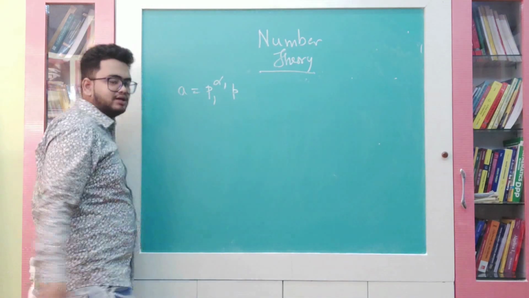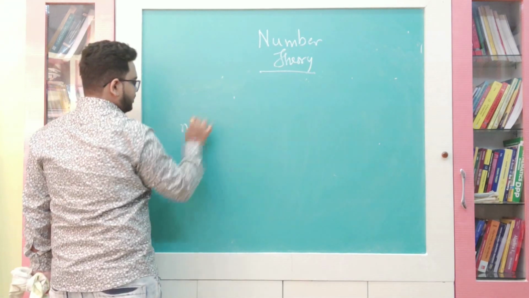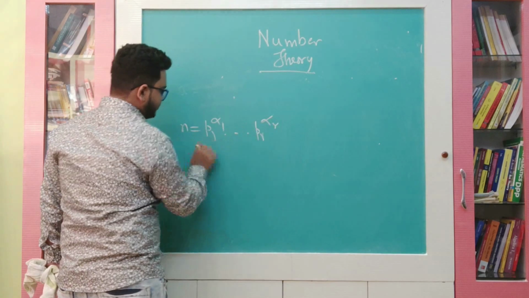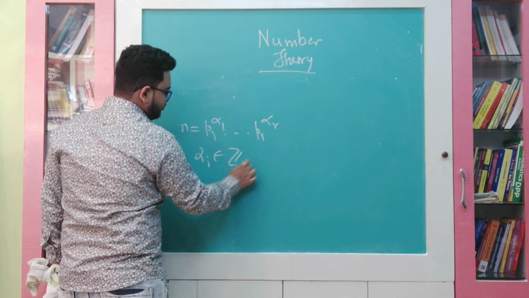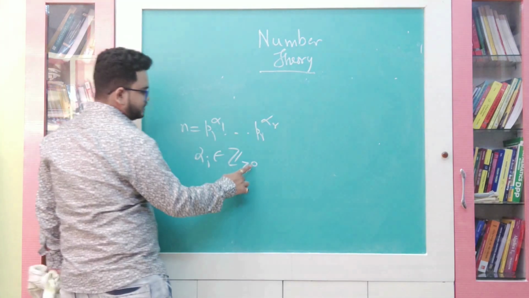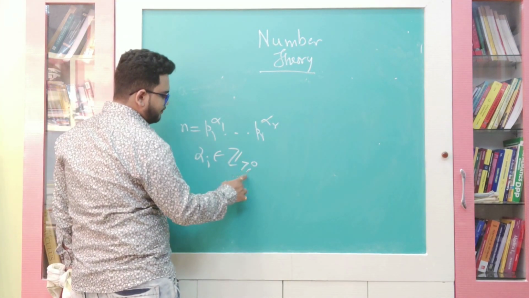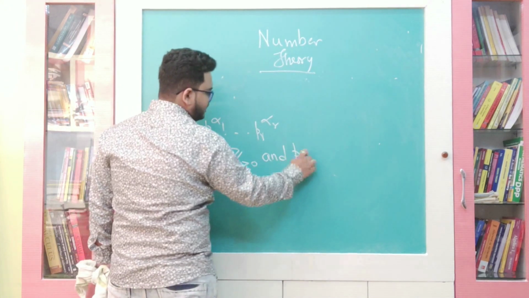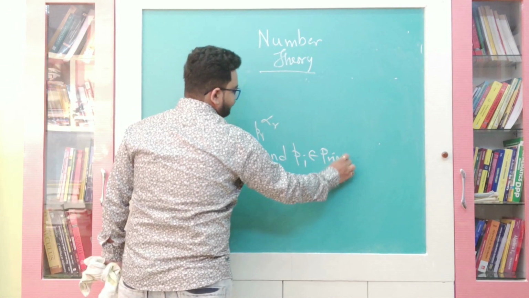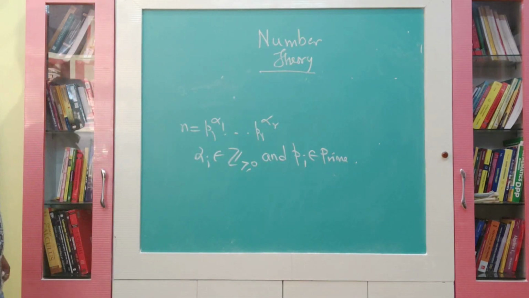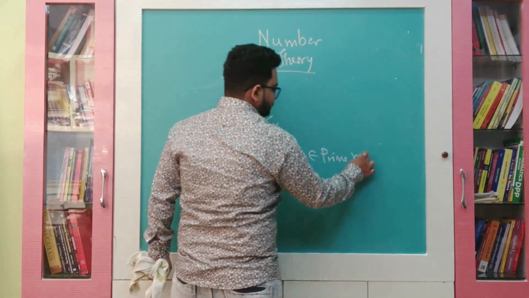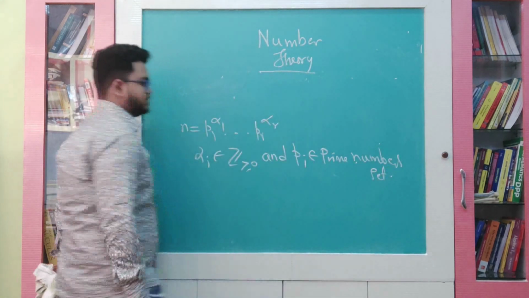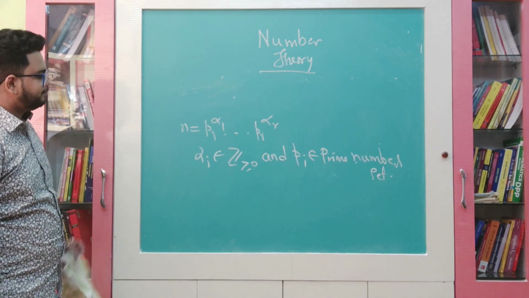I mean, in the expansion n equals P1^alpha1 ... Pr^alphar, alpha i belongs to the positive integers, greater than 0, and Pi belongs to the set of prime numbers.